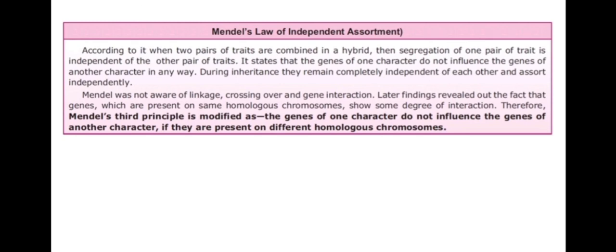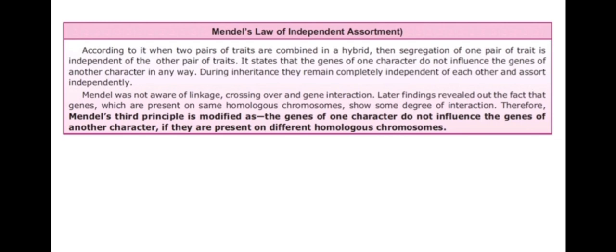Mendel was not aware of linkage, crossing over, and gene interactions. A later finding revealed that genes which are present on the same homologous chromosome show some degree of interaction.